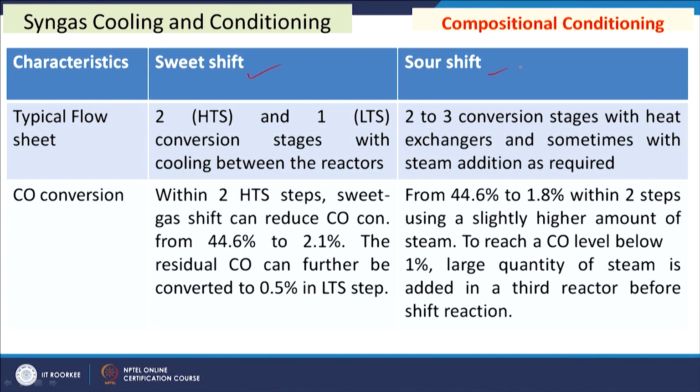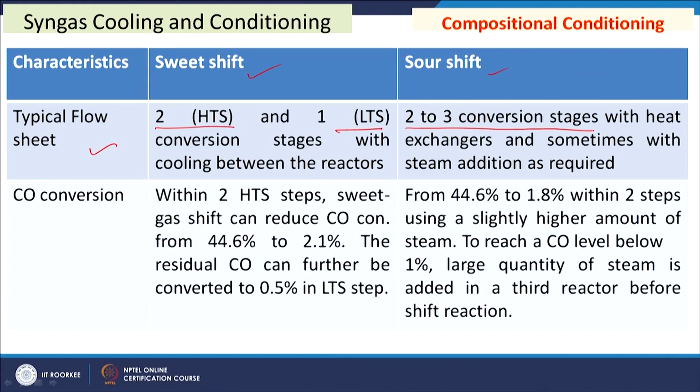And these are the comparison of sweet shift and sour shift. If we see the typical flow sheet, then sweet shift contains 2 HTS and 1 LTS, and sour shift reaction contains 2 to 3 conventional stages with heat exchangers and sometimes with steam addition as required.